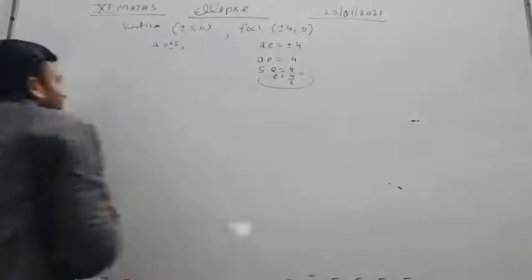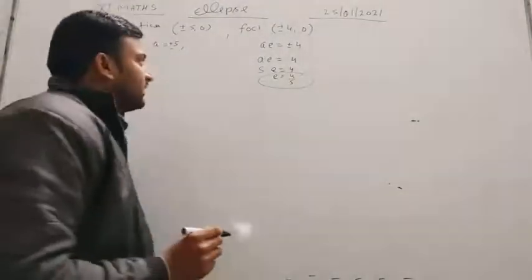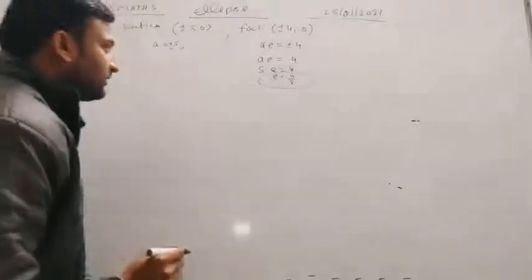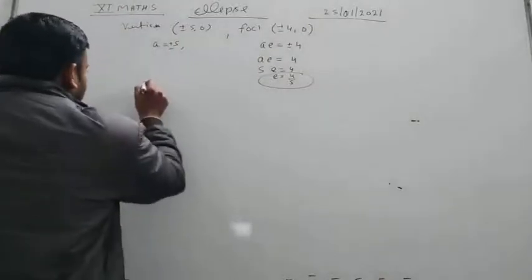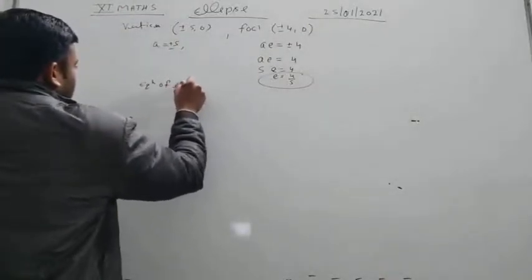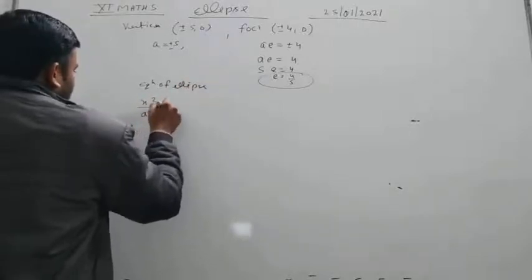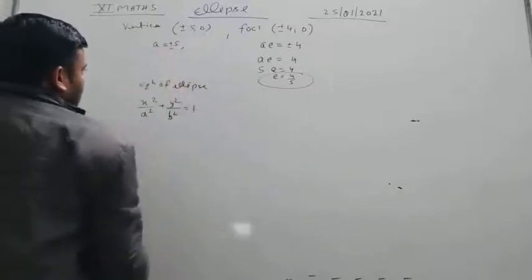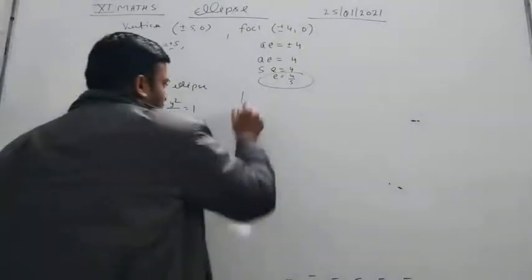Okay, students. Now we have to find out, and we are seeing from here that this is the first case where a is greater than b. So, our a is greater than b, then the equation of ellipse will be x square by a square plus y square by b square is 1. We know that a is given, but we don't have b. So first we find out our b.